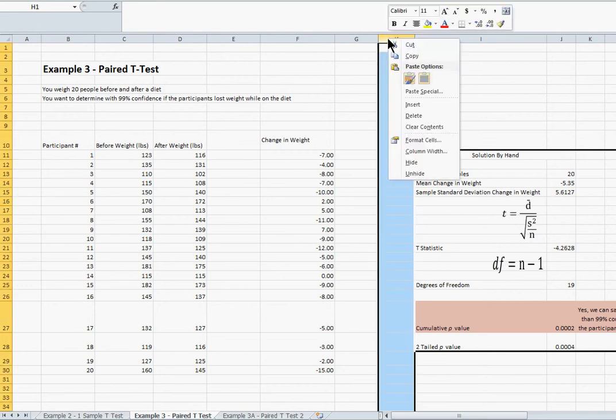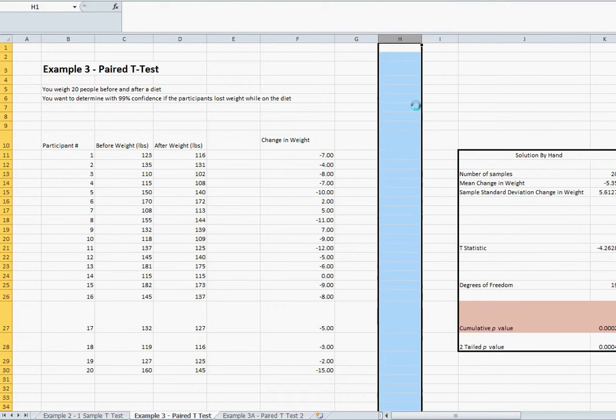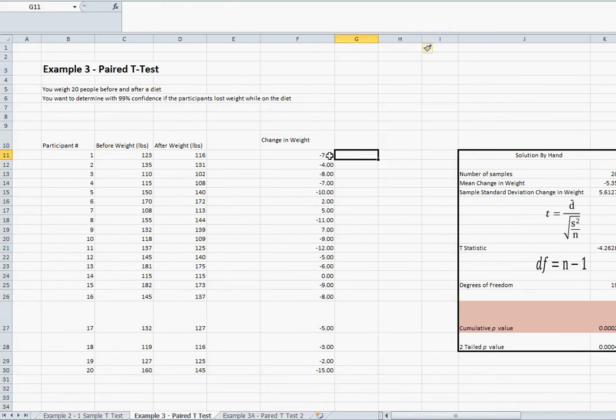But if you wanted to do that by hand, the equation for standard deviation is every sample minus the mean. So I'll subtract the mean from this one, and I'll pull that down.